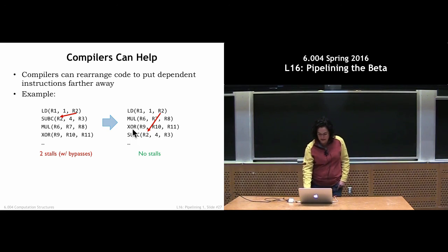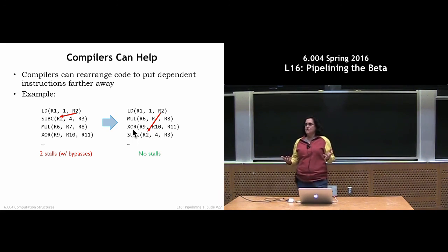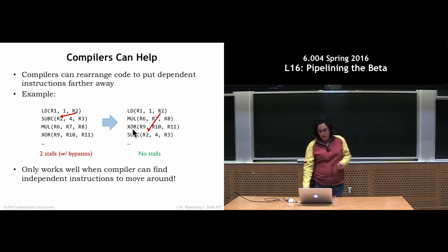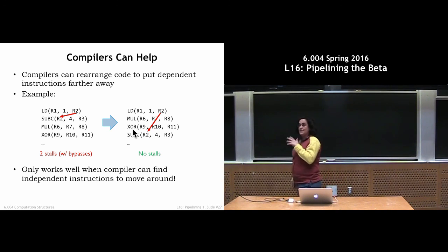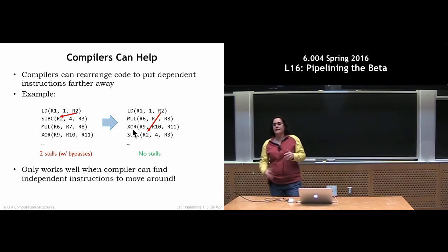And so the result here is that I have no stalls, and I've actually been able to fully utilize my pipeline, even though I had this data hazard that had to do with a load, which normally causes me a problem. So that's certainly great, and it works.